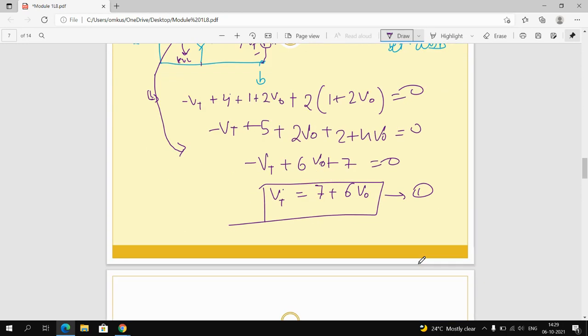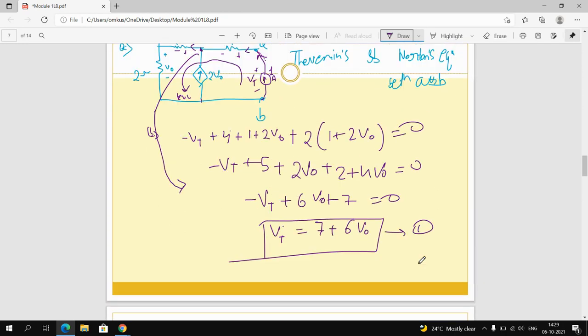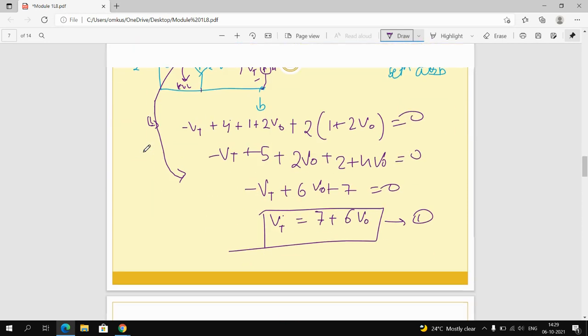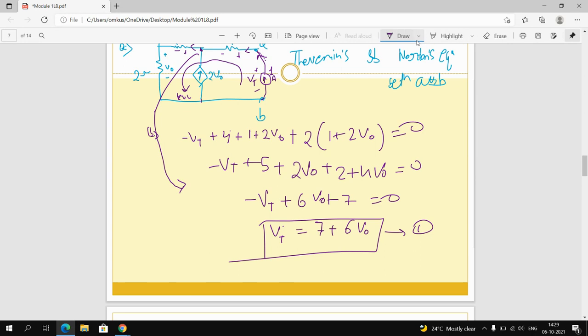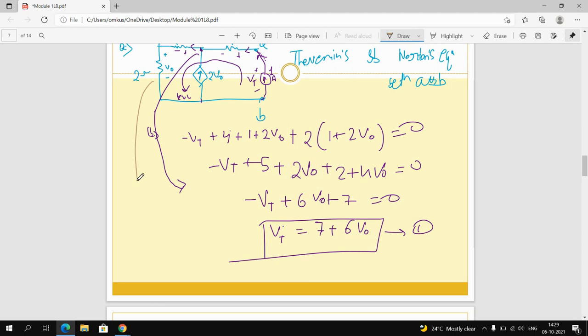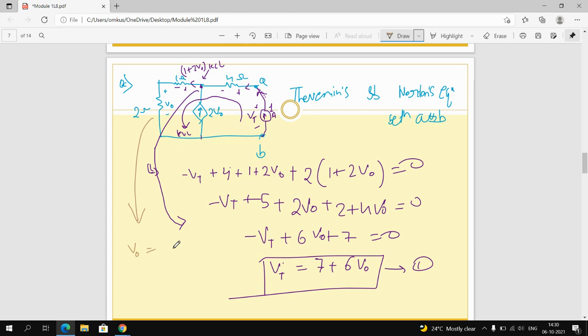Now see, what is the value of this v naught? v naught is the voltage drop across this 2 ohm resistance. So what is the relation between them? Now v naught is equal to the current, what is the current flowing in that? 1 plus 1 plus 2 v naught multiplied by 2, right?